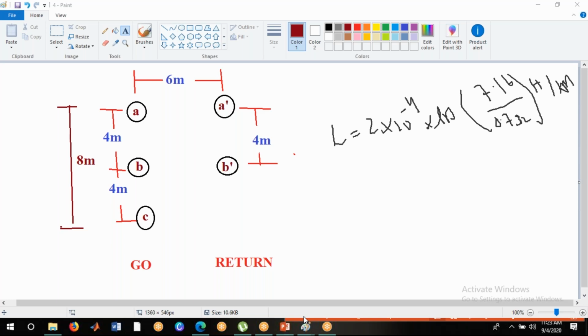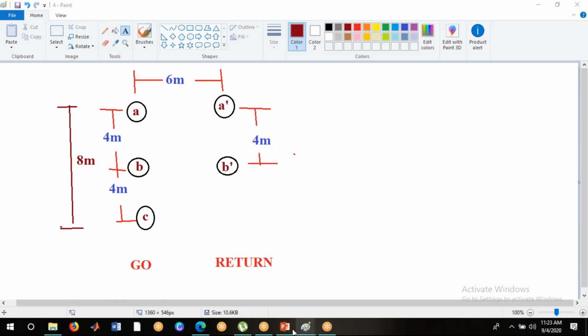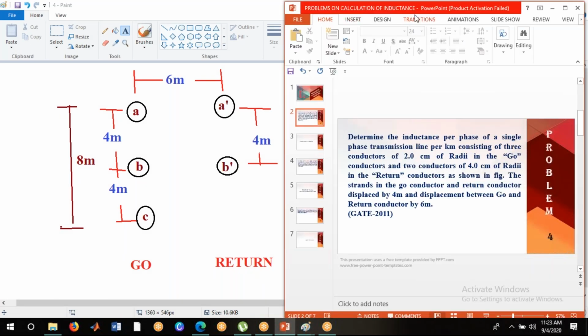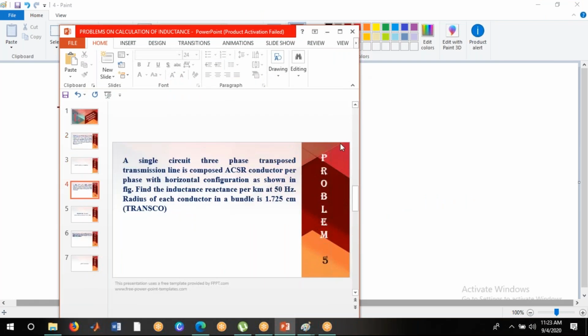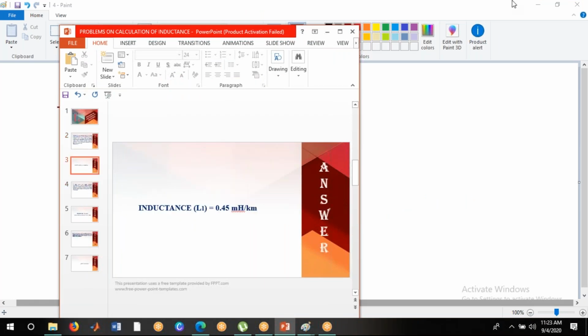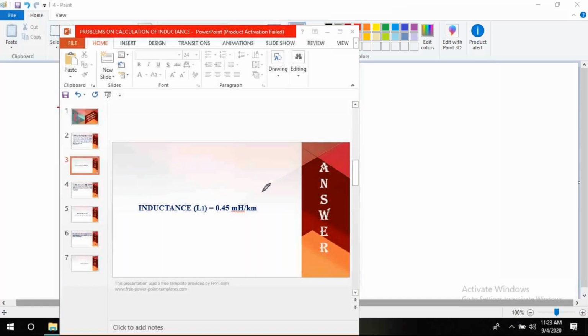Right, we will check whether the answer 0.45 is correct or not. Right, so your answer is correct. The answer is the inductance, that is L1. The inductance of a go conductor is 0.45 millihenry per kilometer.